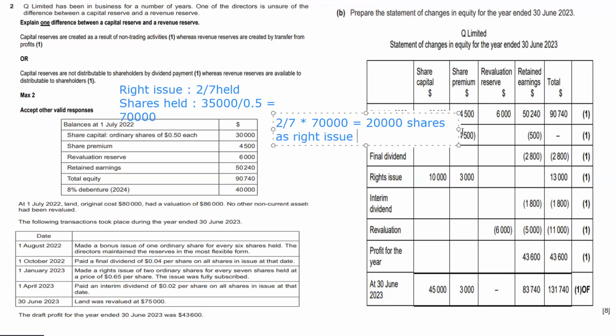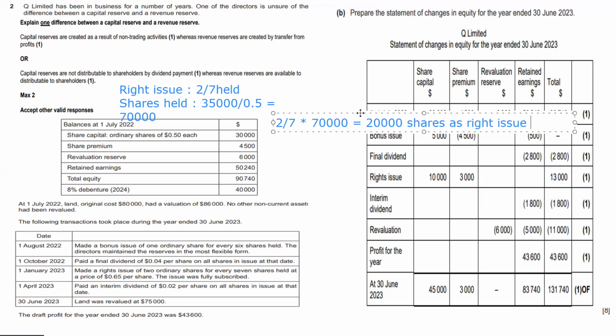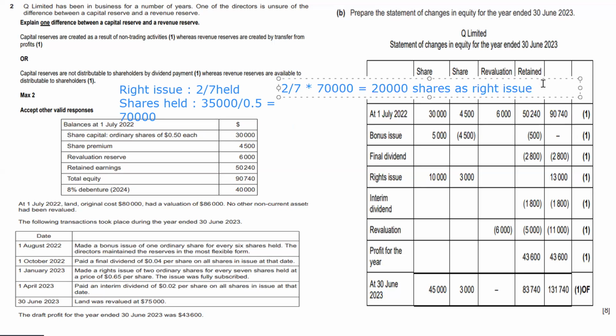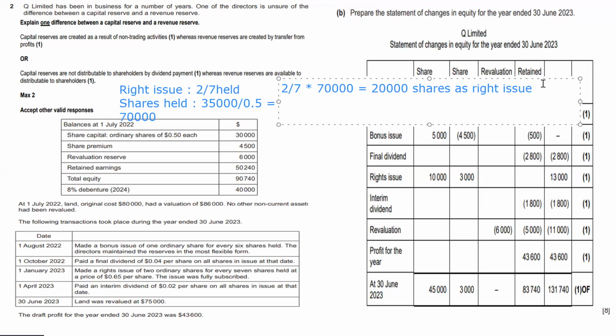What is the amount that will go in the capital? 20,000 shares you have given as a rights issue. What is the amount that will go in the capital? 20,000 shares multiplied by 0.50.